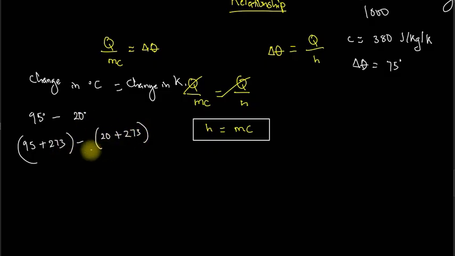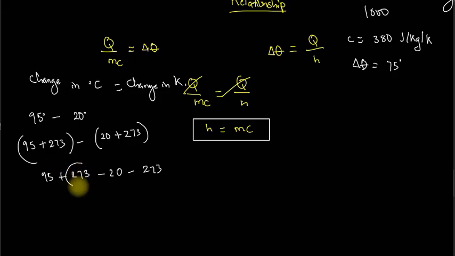So if we subtract now, let me just follow it accordingly: 95 plus 273 minus 20 minus 273 after opening the bracket.